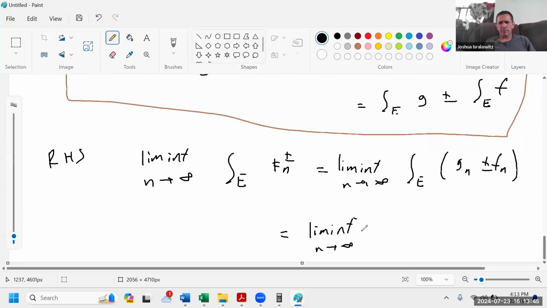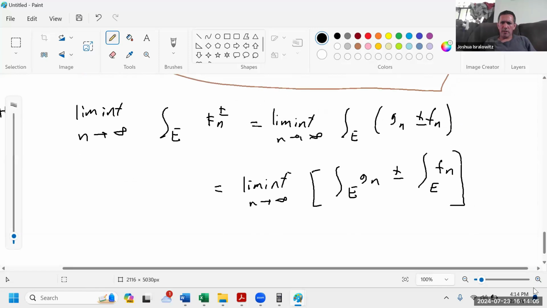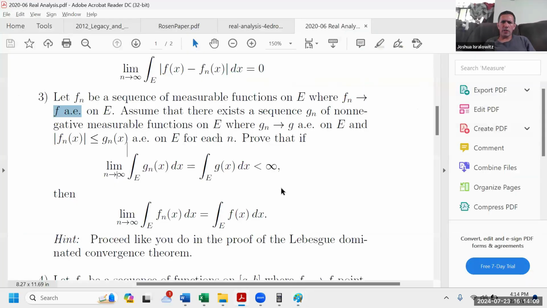Taking limits, still n goes to infinity. So I can separate the integrals up. And the assumption is that the integral of gn goes to the integral of g.